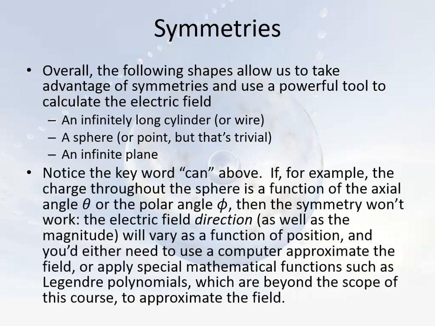Now, just because you have these sorts of shapes doesn't necessarily mean that you always will be able to use the tools that we're going to develop. In other words, you need the symmetries that are necessary in order to be able to actually use Gauss's law. For example, you could have a sphere, but if your charge distribution is not constant as a function of theta and phi, then you will not be able to use Gauss's law.